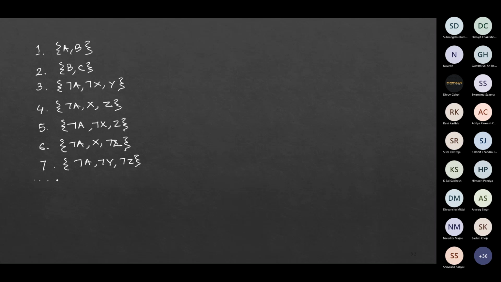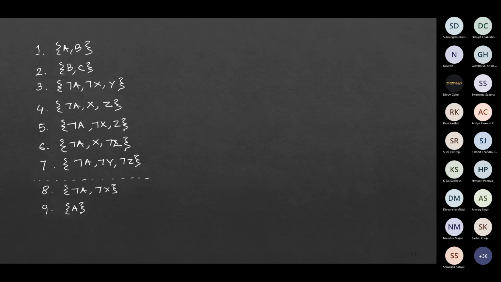And on top of that, what we have done, we have added this clause explicitly. This was not there earlier in the knowledge base. Now, implicitly, we have got another clause, which is A.